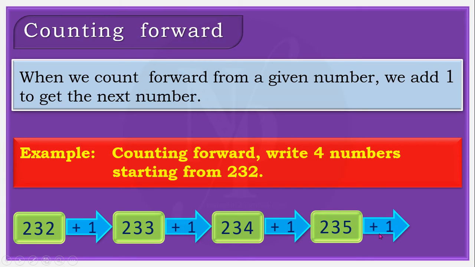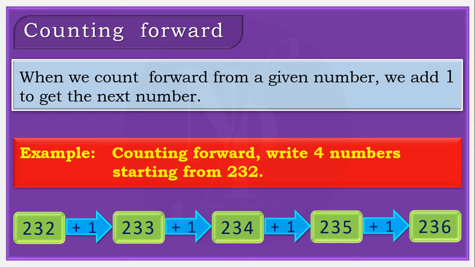Adding 1 again to it gives us 236. Like this, we will count forward. That means 232, 233, 234, 235, 236, which is called counting forward.